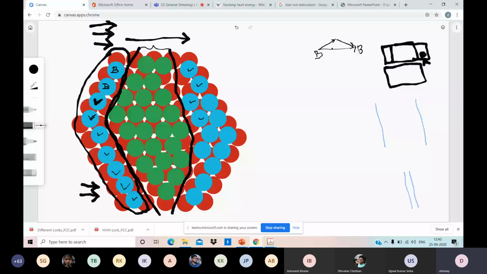If the perfect dislocation is B1, then the Burgers vectors B2 and B3 are partials, meaning they are part of B1, but not complete B1. So if B1 is perfect or complete, what would be the right word for partial? Imperfect, or incomplete.